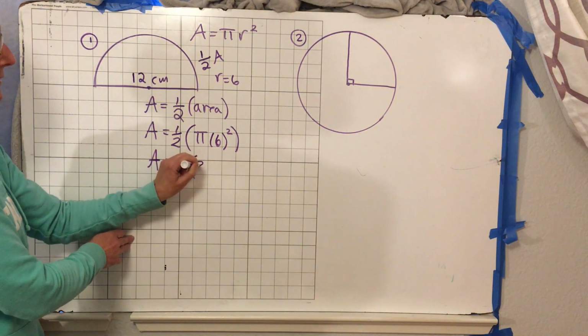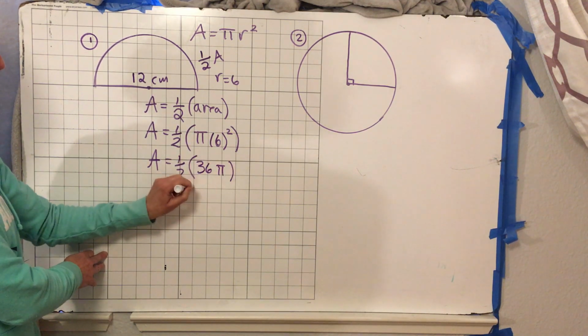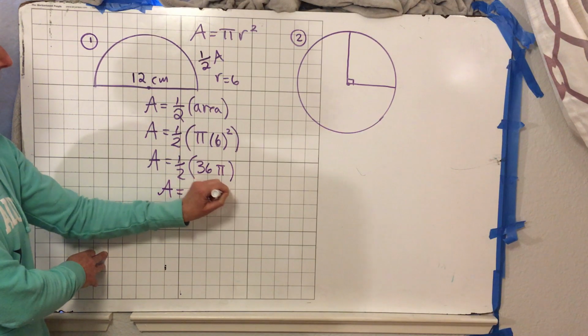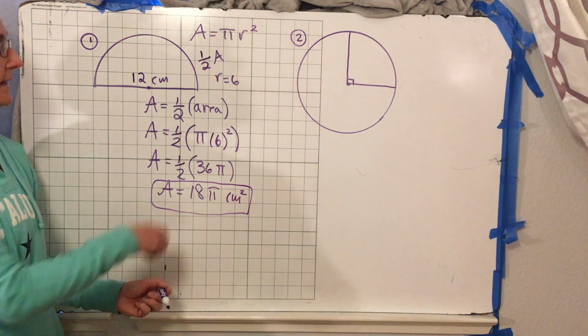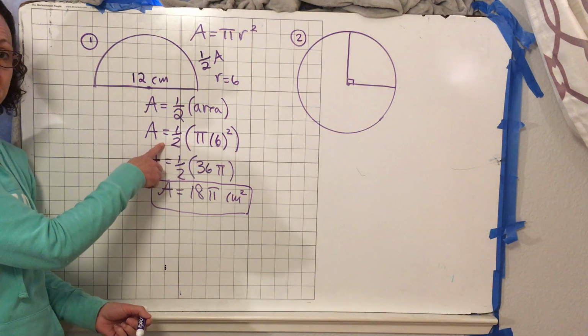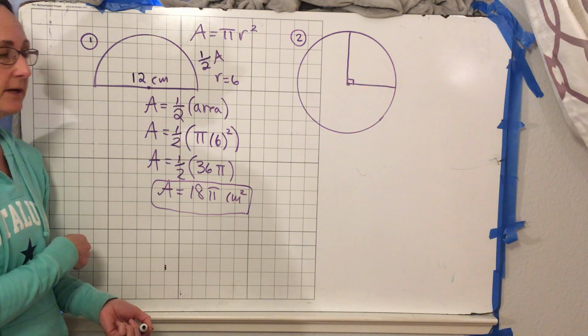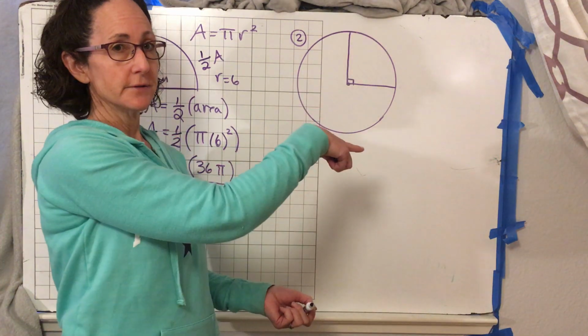The area of the whole circle is 36 pi, and then half of that would be 18 pi, and then don't forget your units, centimeters squared. So again, area of the whole circle is 36 pi, but we only want half of that, so it's 18 pi, okay?